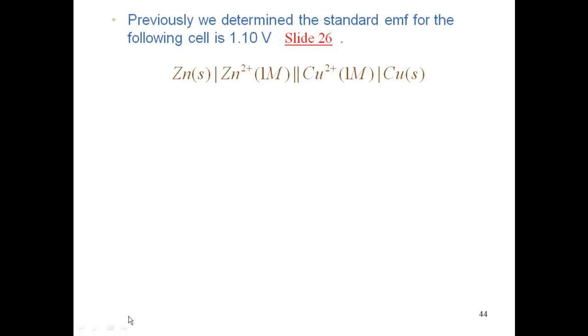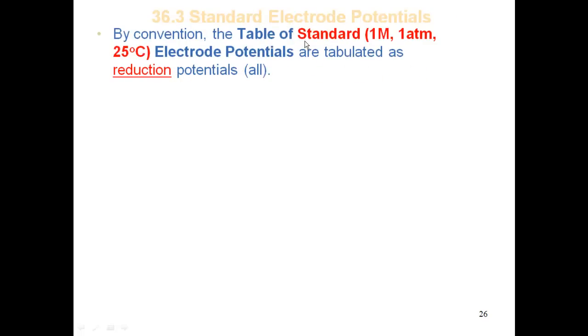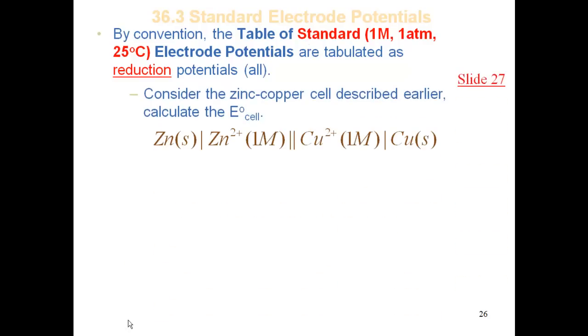Alright, let's do a calculation with this equation. Previously we determined the standard EMF for the following cell, your zinc copper cell, is 1.1 volts. Remember, we did this calculation already. We had zinc 2 plus at 1 molarity, copper 2 plus at 1 molarity.